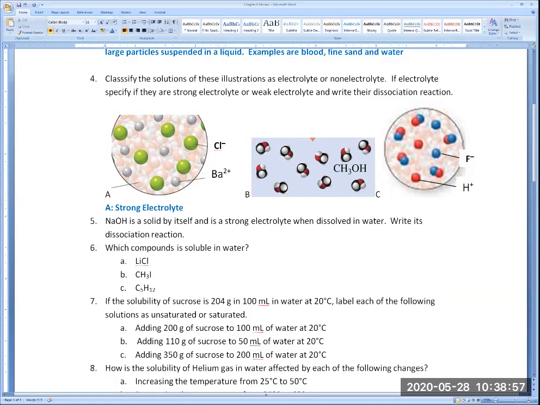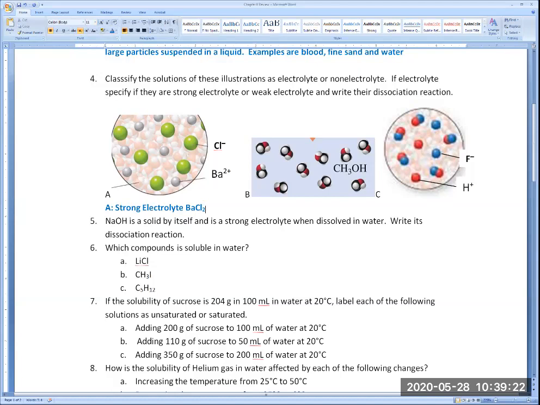So can you help me find the formula from Ba2+ and Cl-? When you put them together, what will be the formula? So it's an ionic compound. Yes, it's BaCl2. So that's the formula of the compound when it's a solid, when it's not dissociated in water.